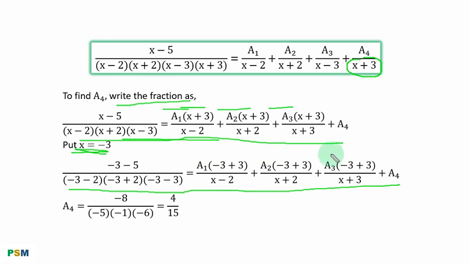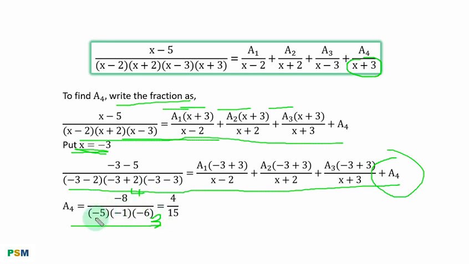A1, A2, A3 become 0. You are left with A4 equal to the left hand side in this form. Let's reduce. Divide 8 and 6 by 2. You have 4 here, then 3 is remaining.